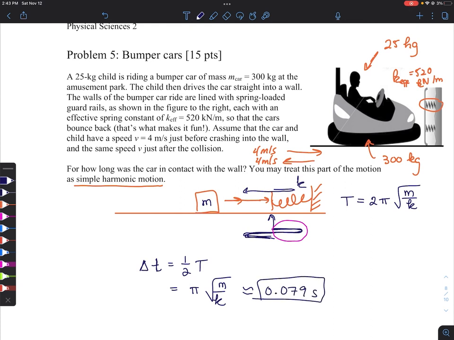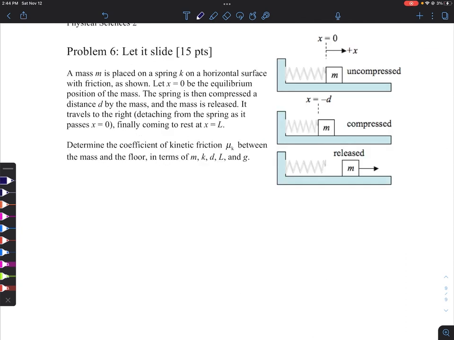And if we plug in all of the relevant numbers, that's about 0.079 seconds. A mass m is placed on a spring with spring constant k on a horizontal surface with friction, as shown. Let x equals 0 be the equilibrium position of the mass. The spring is then compressed a distance d and released.